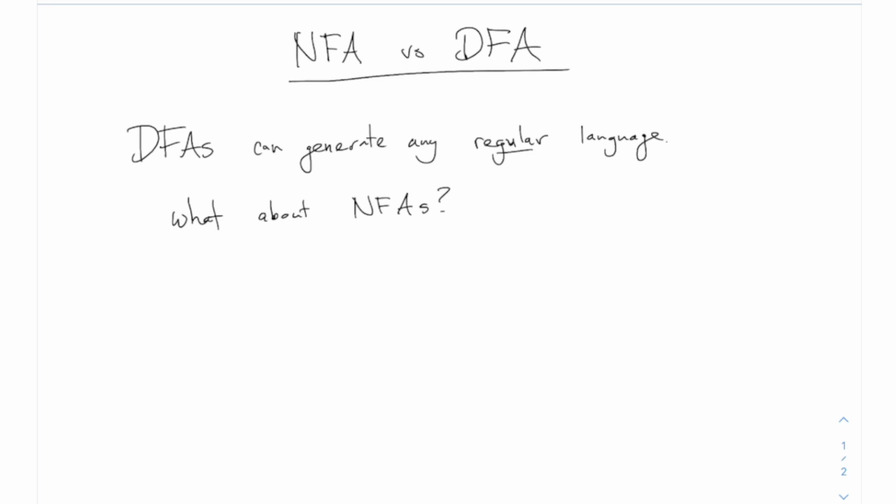You can just consider it to be an NFA which doesn't have any epsilons and doesn't have extra arrows. So any DFA already counts as an NFA. So that automatically means that every regular language, you can do it with an NFA, because you just use the DFA and call it an NFA instead.